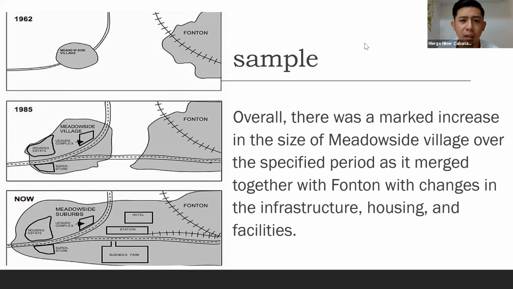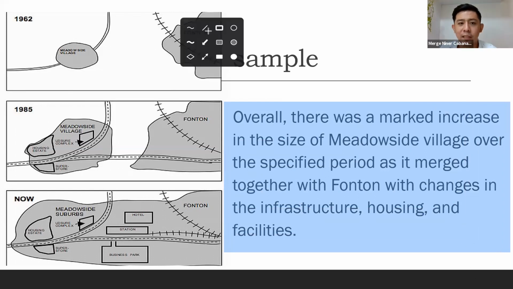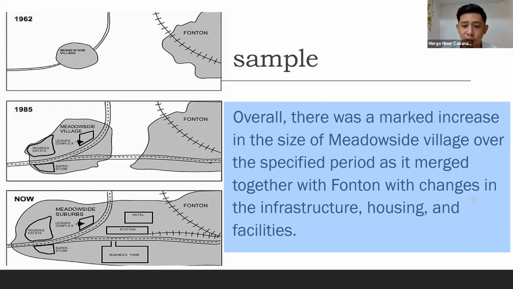Overall, there was a marked increase in the size of Meadowside Village over the specified period as it merged together with Fonton, with changes in the infrastructure, housing, and facilities.